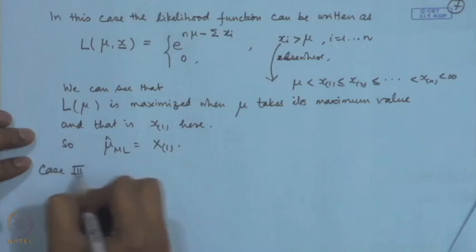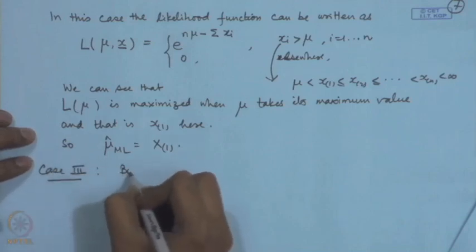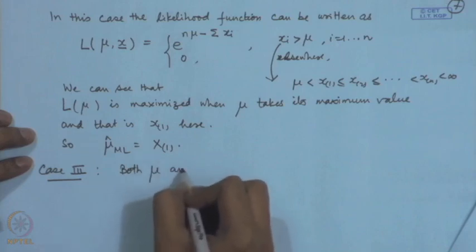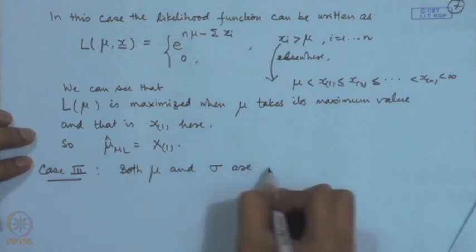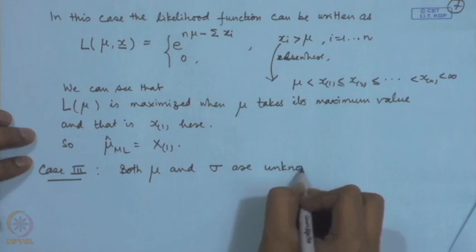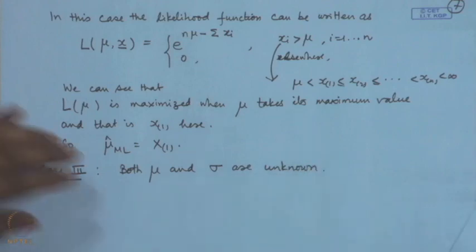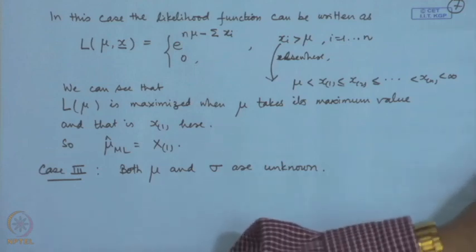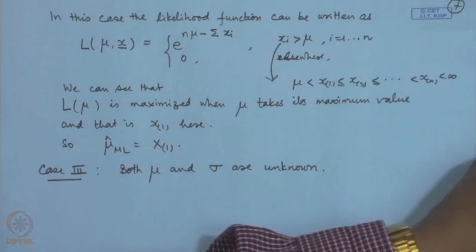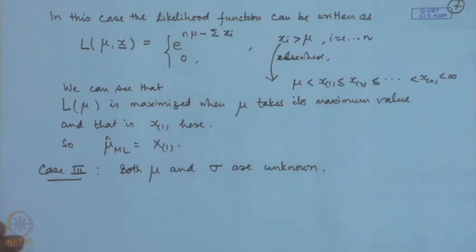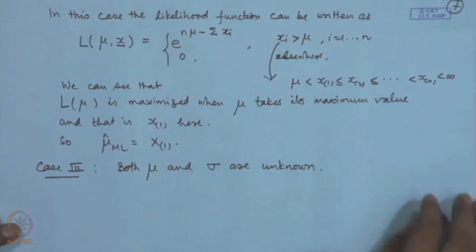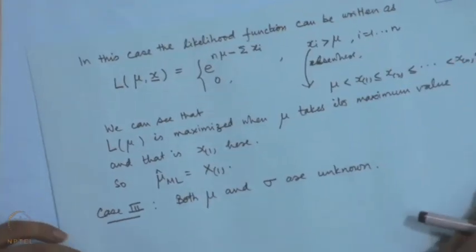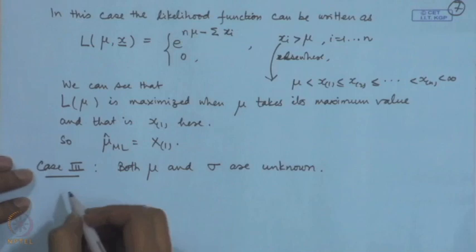Now, let us take the more important case when both the parameters mu and sigma are unknown. Now, let us go back to the original likelihood function.